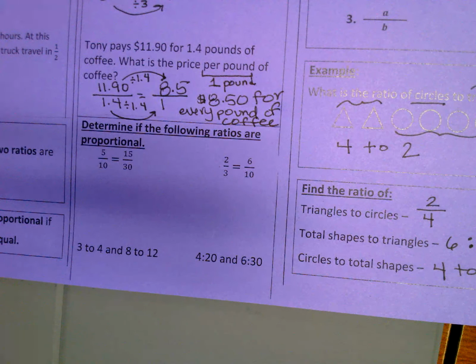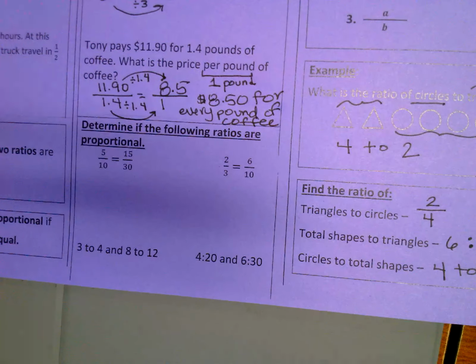How can we check if these 2 are the same equivalent ratios? What would you do to check if 2 fractions are equal? What would you multiply? Making the bottom one 10 times 3 equals 30. Good.